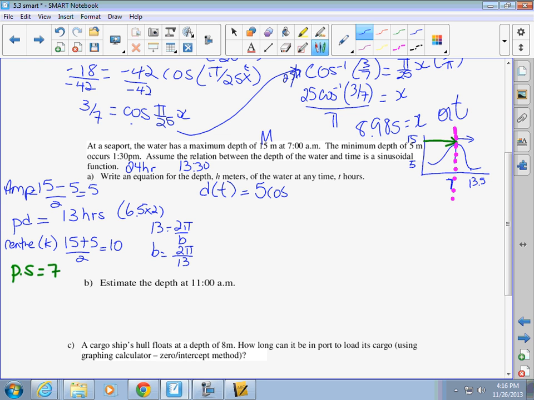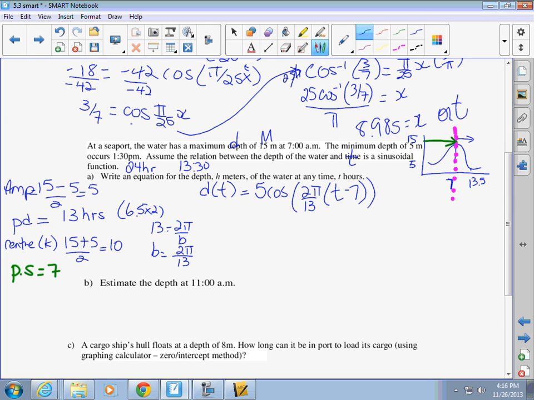So that means we have 5 cos of 2 pi over 13 times, and instead of an x, because we're using time and depth, it's going to be t, and our phase shift was 7 to the right, so minus 7.